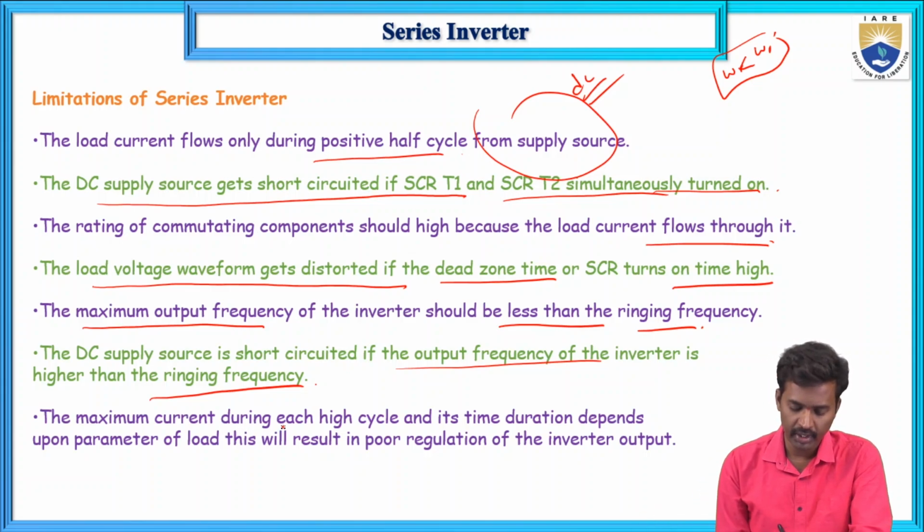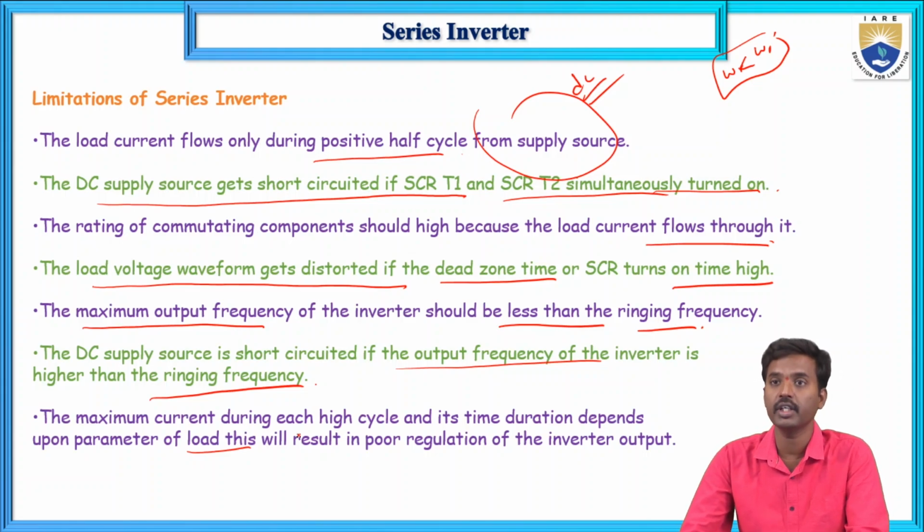The maximum current during each high cycle, its time duration depending upon the load, will result in poor regulation of the inverter output.